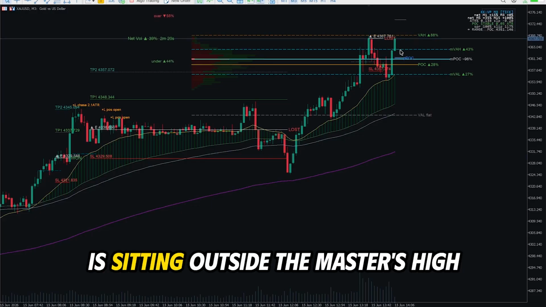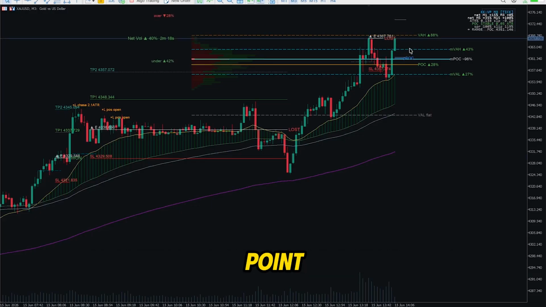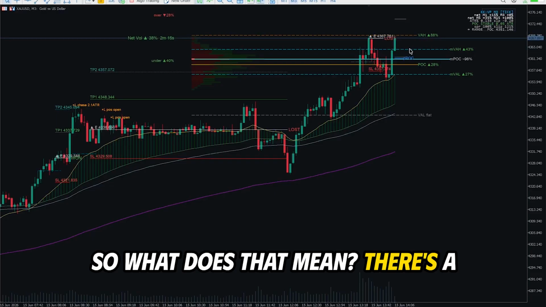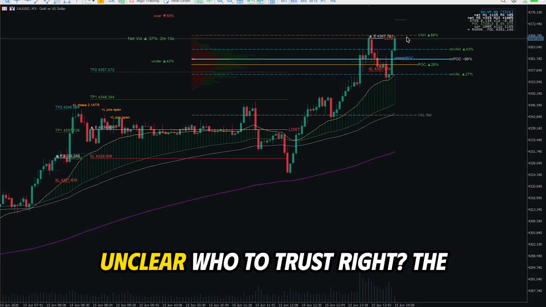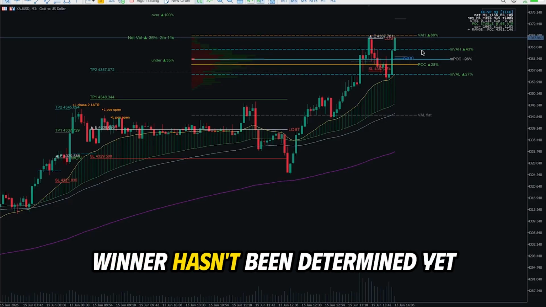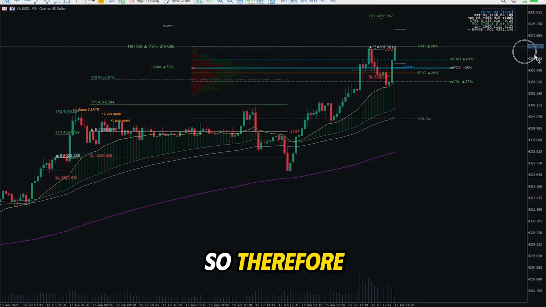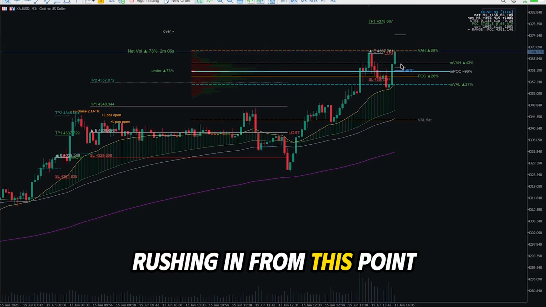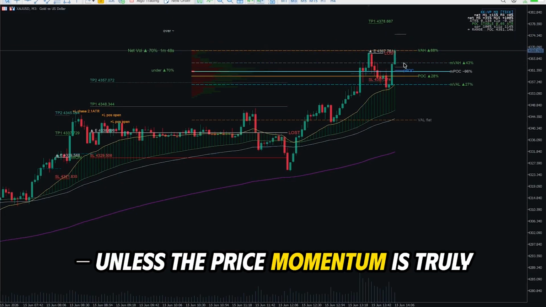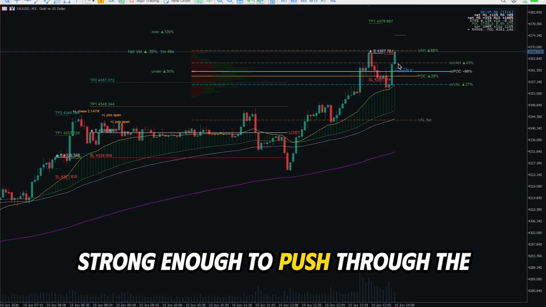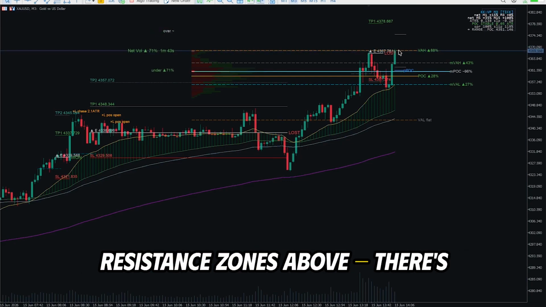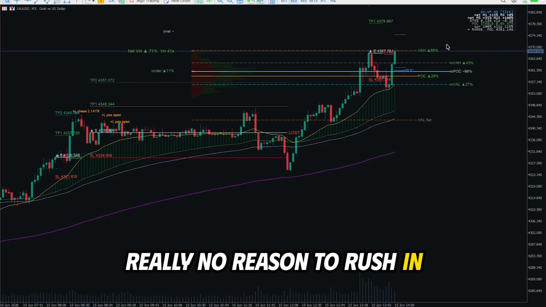You can see it is sitting outside the master's high. So what does that mean? There's a certain level of uncertainty. It's unclear who to trust, right? The winner hasn't been determined, so therefore rushing in from this point, unless the price momentum is truly strong enough to push through the resistance zones above, there's really no.